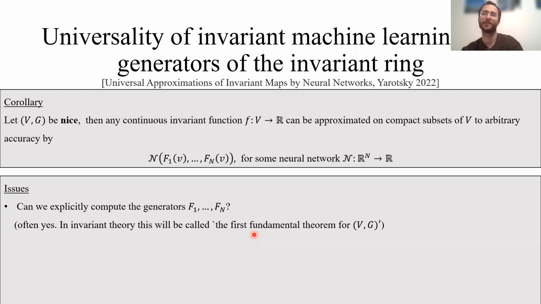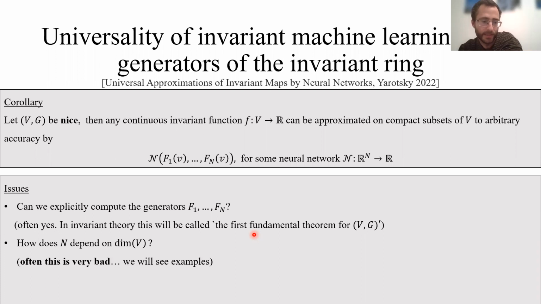There are various results in invariant theory called the fundamental theorem of this group or that group, and they have a characterization. Another question could be how many invariants we actually need. So what is capital N? How does it depend on the dimension of V? Maybe the main point of this slide is that often this is very bad. Often N, the number of generators, can be much larger than the dimension of V.